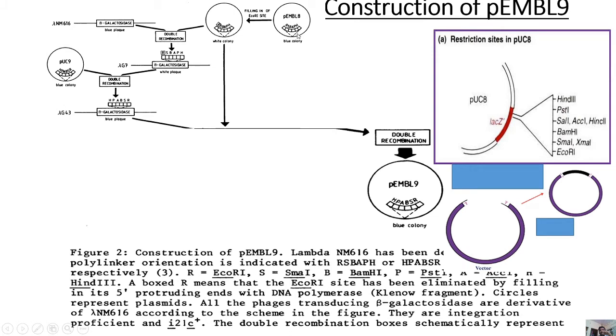See, this is the pMBL8 vector with the lacZ region, and this lacZ region has a multiple cloning site. These letters R, S, B, A, H, P, H, etc. are various restriction sites present within the multiple cloning site.